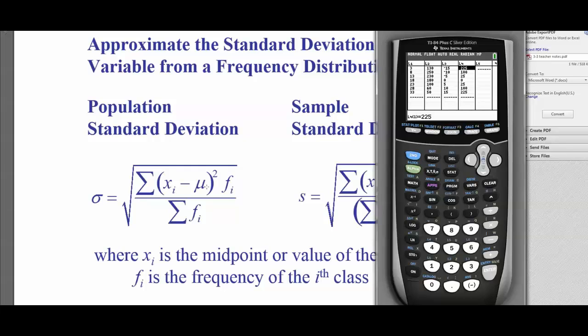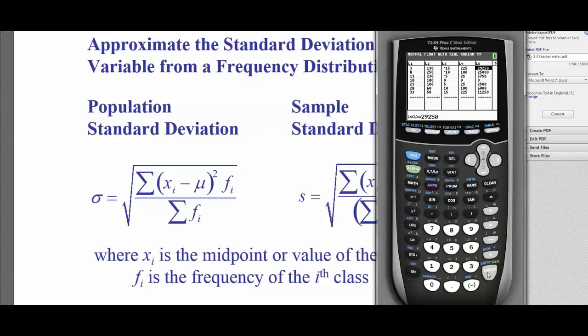And then what do I need to do next? I need to sum the squared times the frequency. So I have the squared in L4. I have the frequency all the way back in L2. So L5 is now going to be the sum of the squared, which was L4, times the frequency, and the frequency again we put back in L2.